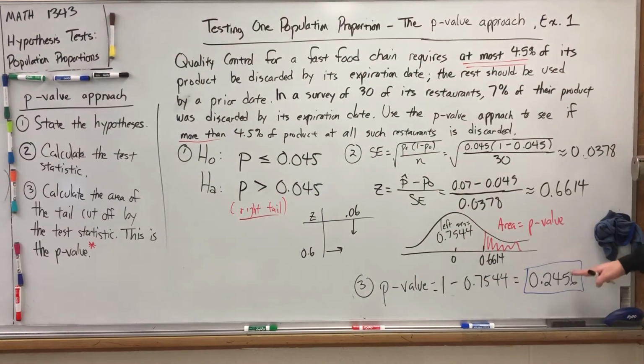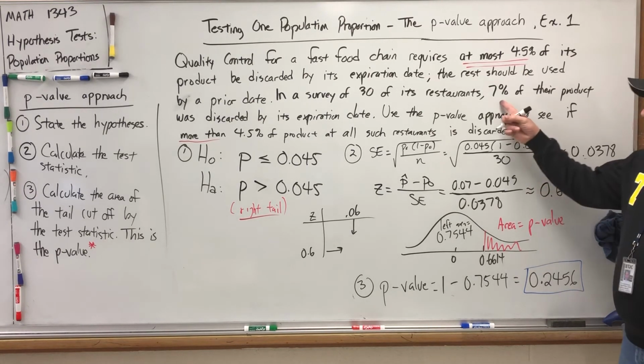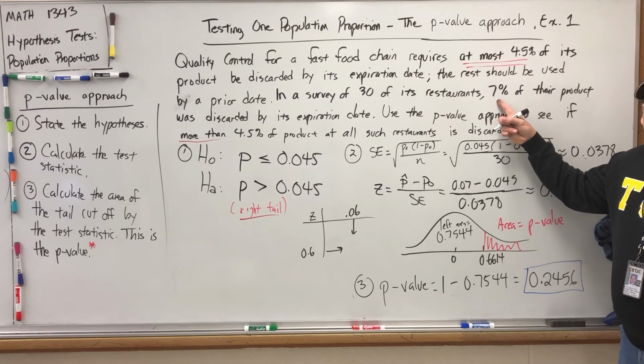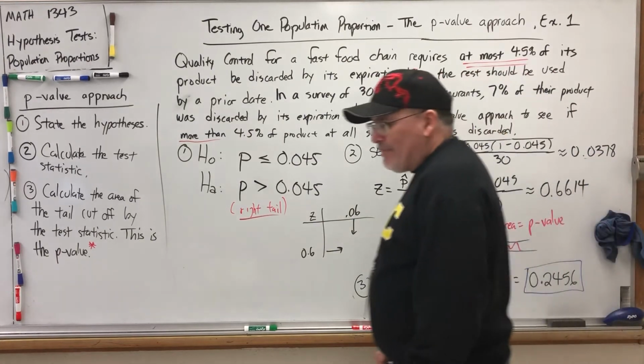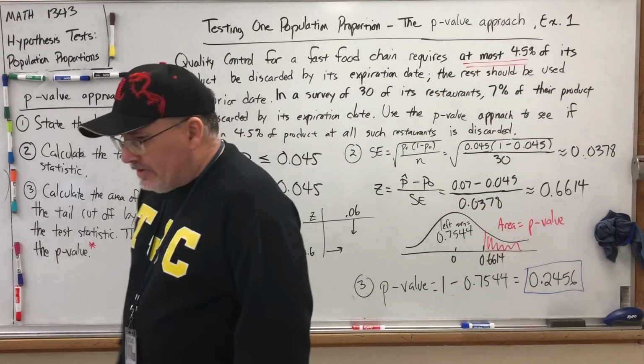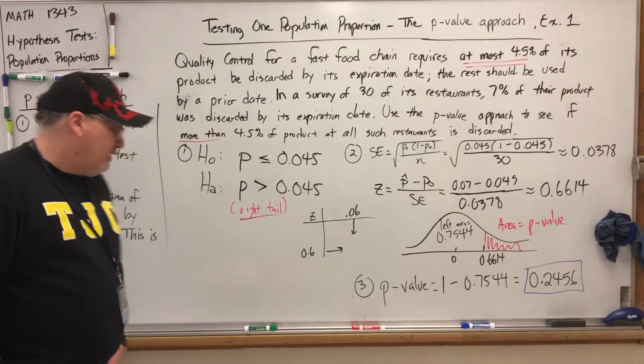Again, the p-value is the probability, under the assumption that your null hypothesis is true, that your sample would give you this value or worse, contextually. Well, that's about 25%. That's not that uncommon for something to happen 1 out of 4 times, given that something is true. So what does this mean?